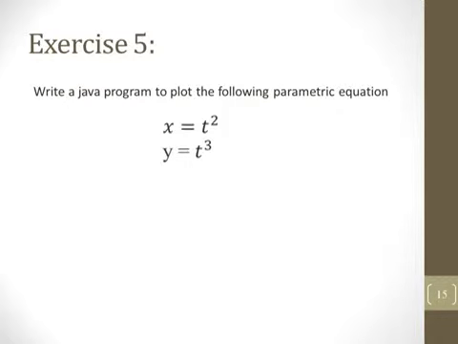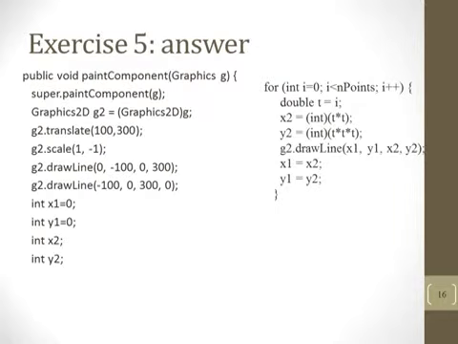Here we should write a Java program to plot the parametric equation which is x equals t squared and y equals t cubed. Here is the paintComponent of the previous code. First, we translate the graphics to 100, 300, and then we draw the axes to see the graph clearly.